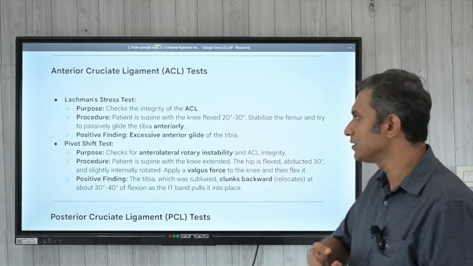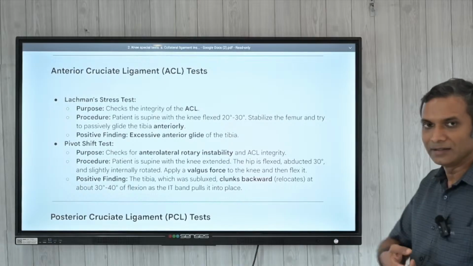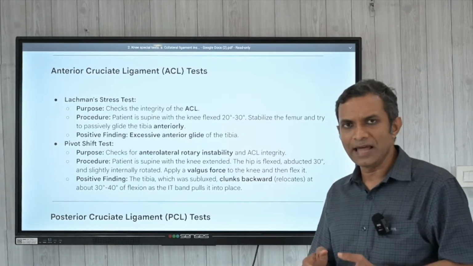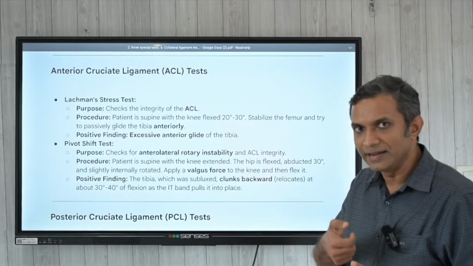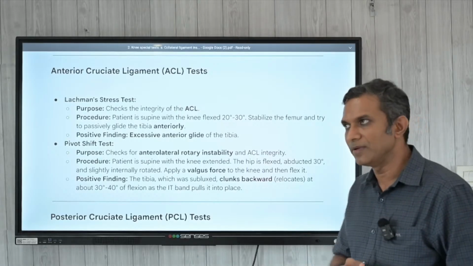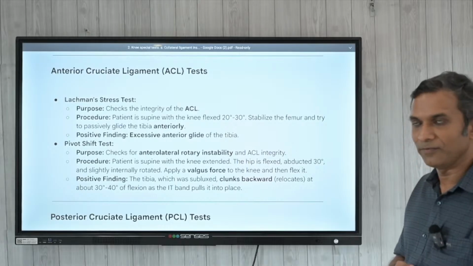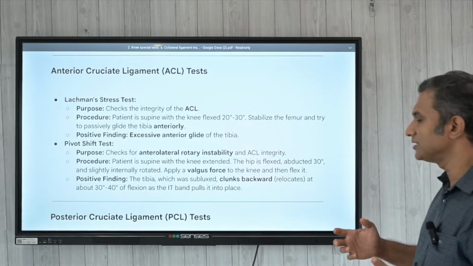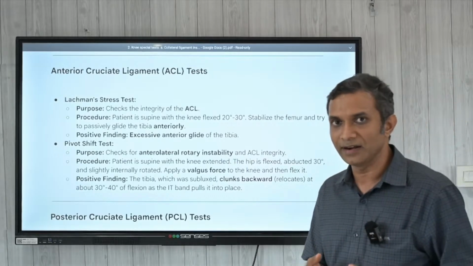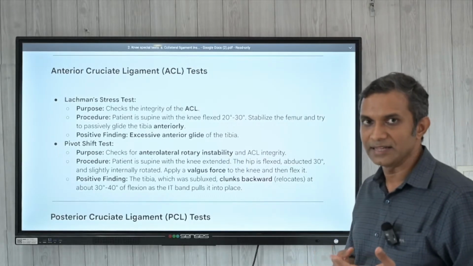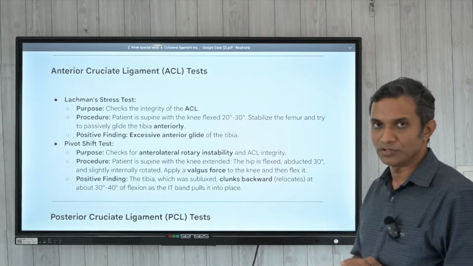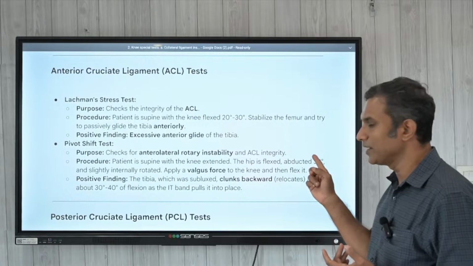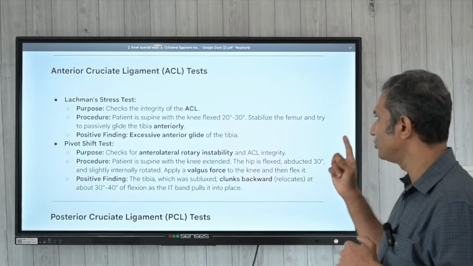So the therapist holds the femur and then gives an excessive anterior glide to the tibia. While examining, if we feel that there is excessive anterior glide or anterior movement of the tibia, that shows a perfect sign that Lachman's test is positive. So if we can see that there is an excessive anterior glide, that indicates that Lachman's test is positive. Stress test for the anterior cruciate ligament: the patient is in supine, the knee joint is flexed to 20 to 30 degrees.